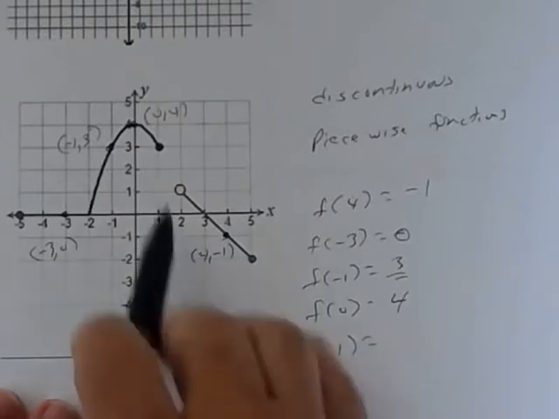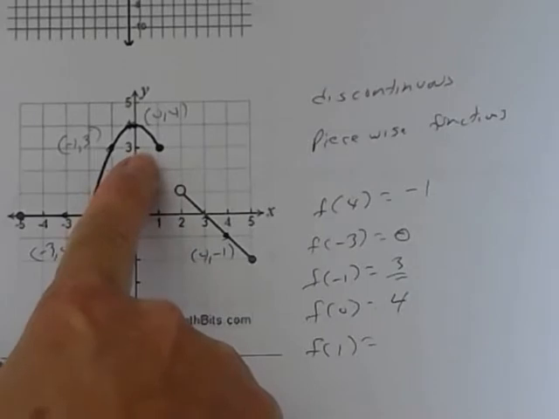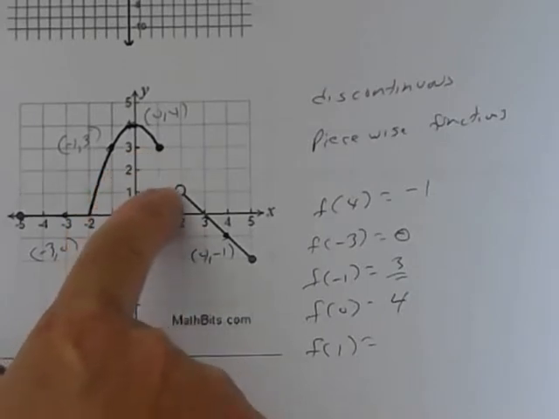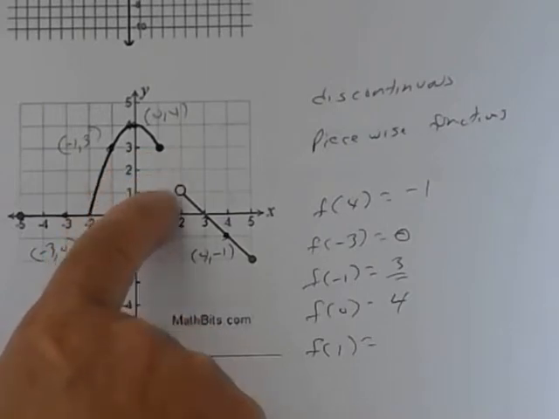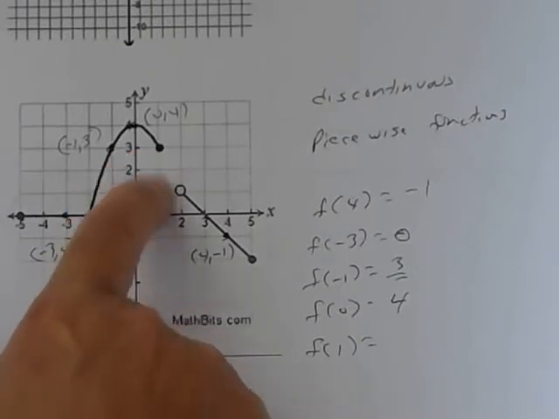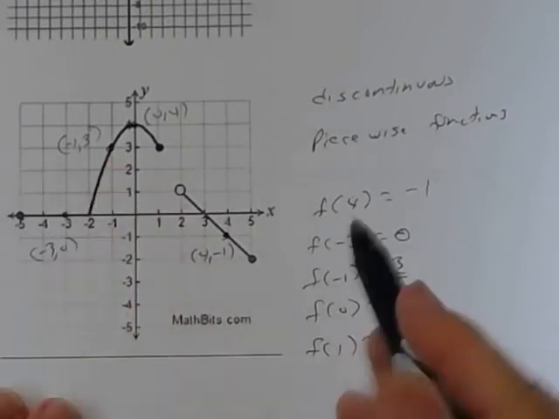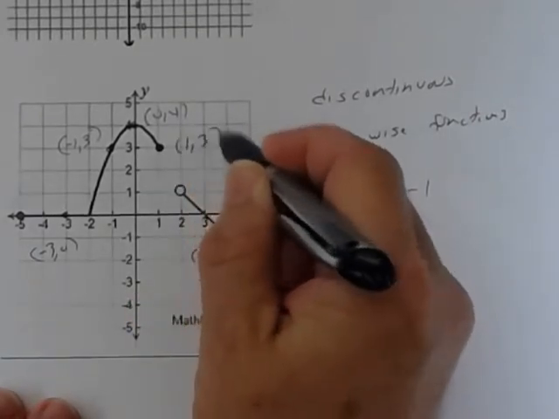All right. Now notice, and you're going to see this in a little while. Part of the graph is a closed circle, and the other part is open. All right, so we talked about that in a previous lesson. If it's closed, it's part of the graph, part of your domain. If it's open, it's not part of your domain. So parentheses, bracket kind of idea. So f of 1, we know it's going to be 3.